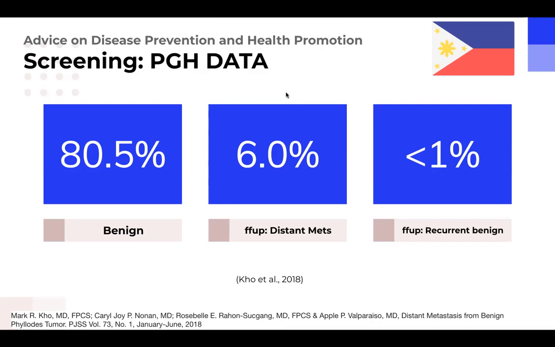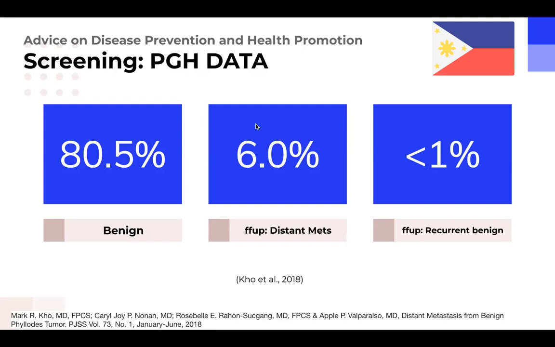Okay. Are you done? Okay. 6% has distant metastasis. Yes, sir. What's your last statement? 1% is what? Local, 1% had a recurrent benign recurrence. A recurrent Phyllodes tumor, sir.